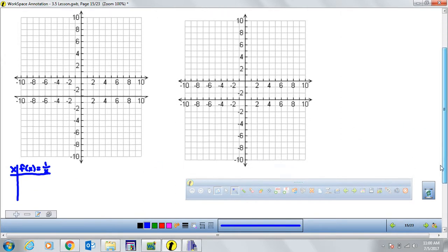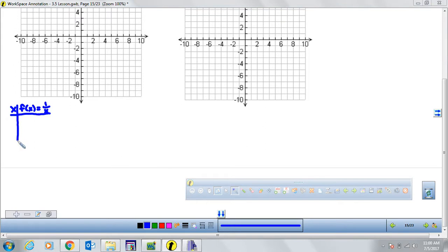Alright, so for 1 over x, let's go ahead and create a table, and we're going to pick the usual values, -2, -1, 0, 1, and +2. So when x is -2, we already got the value on the previous slide. 1 divided by -2 is -0.5. I'm still going to get them again, so you get used to finding values of rational functions.